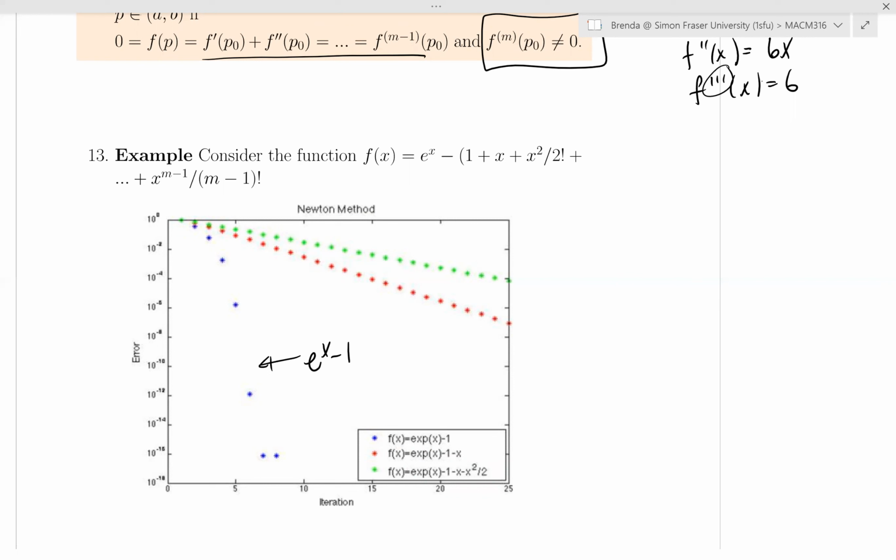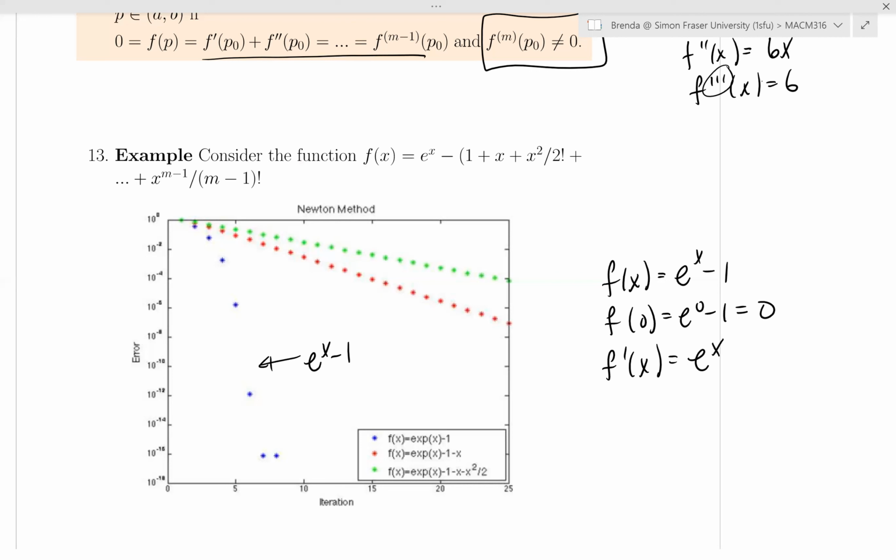Let's just put on the side here what that function is. If f of x is e of x minus 1, f of 0 is e to the 0 minus 1, and that's 0. So it has a 0, and then let's take a look at the derivative of it, f prime of x, that's going to be e to the x.